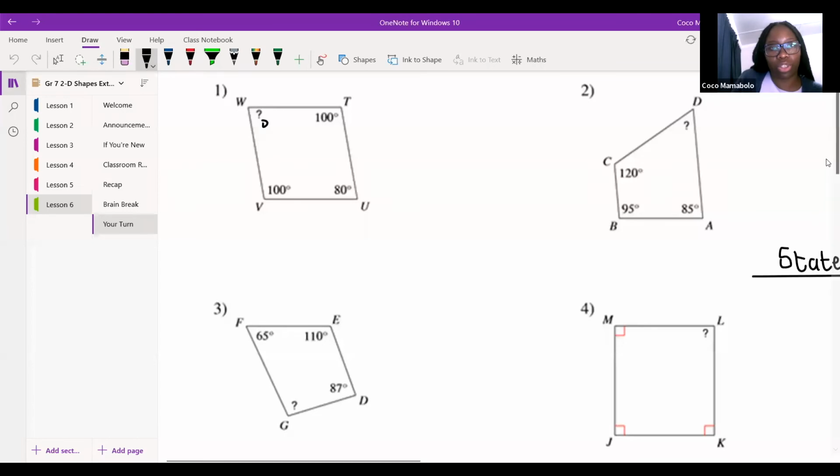We're actually going to call the question marks X. So these parts that have question marks here are actually called X. And when you are done, I want you guys to put the starry-eyed emoji in the chat, only when you're done answering all 4 questions.